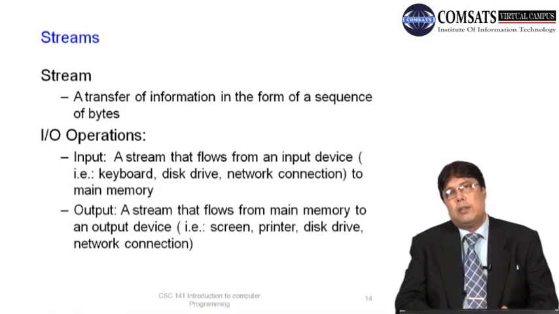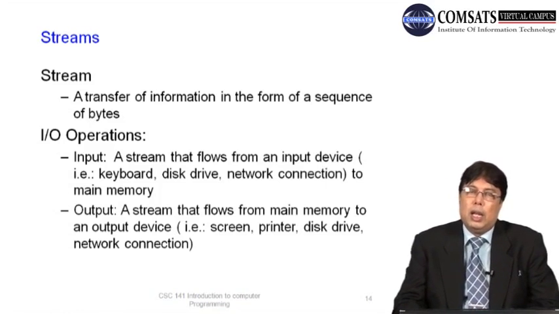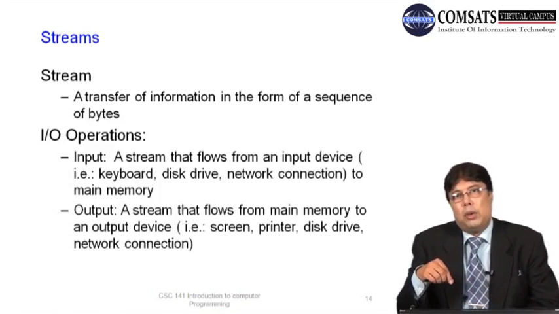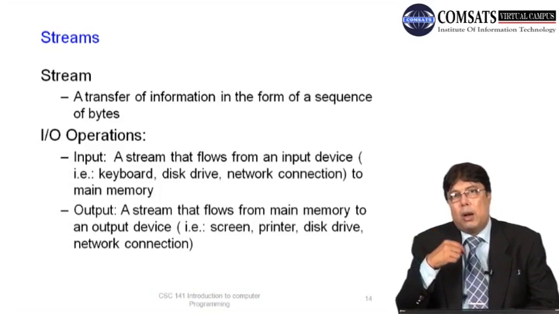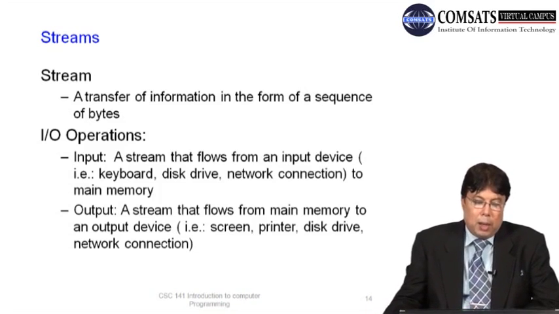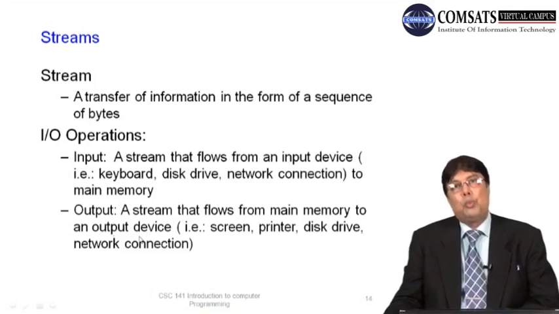Take the keyboard: whatever data you enter is a stream of characters you are producing, and you are reading this stream and putting it where? In the memory of the computer. Then from the memory of the computer, you put it back onto the screen. That becomes an output stream, a stream that flows from the memory to the output device.